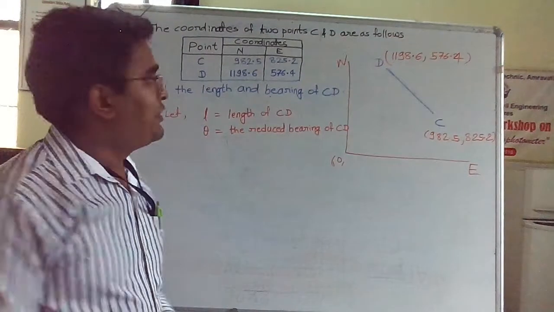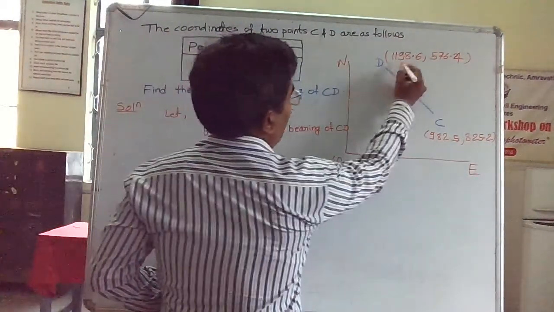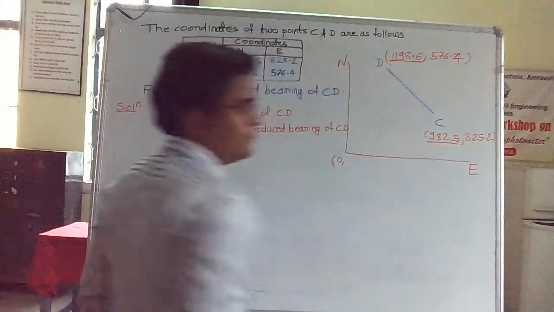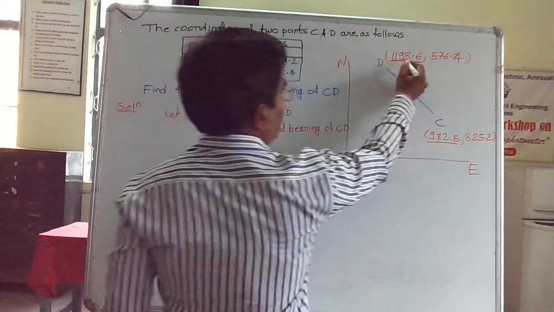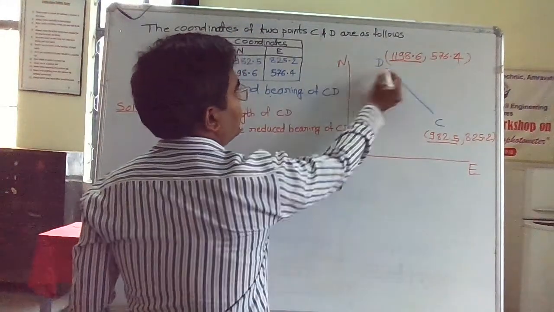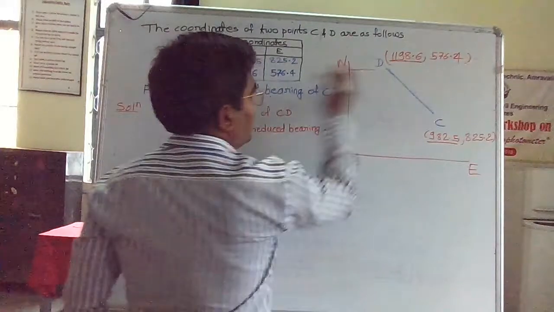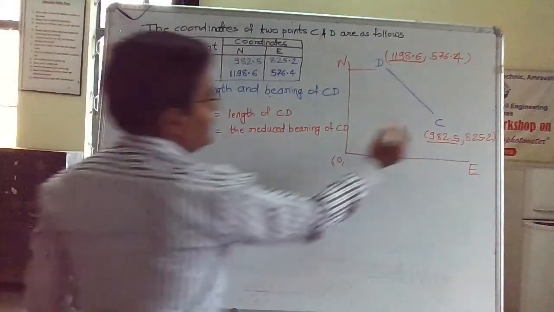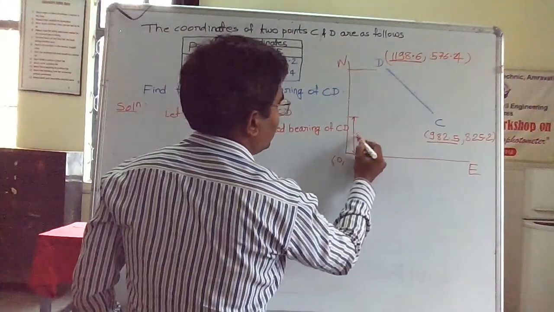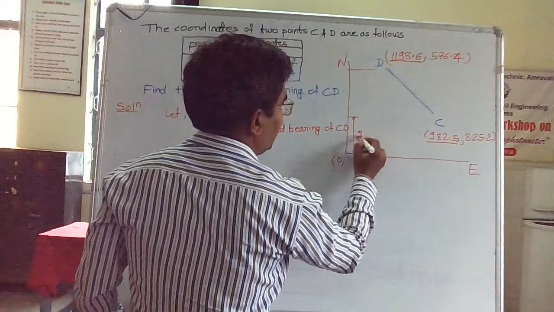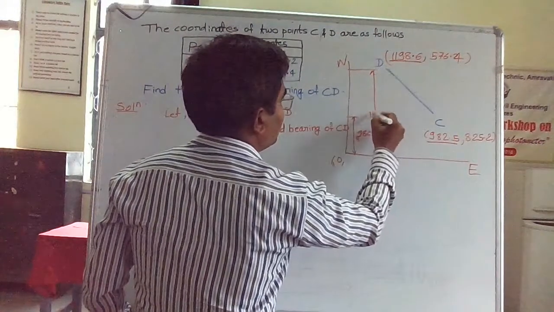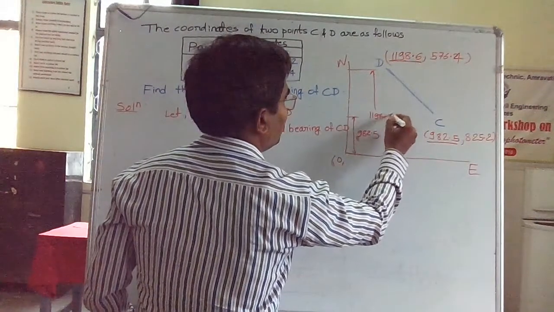Latitude of a line means the difference between the north coordinate of point D minus the north coordinate of point C. The distance from 0 to point D is 1198.6, and the distance of point C from 0 is 92.5.